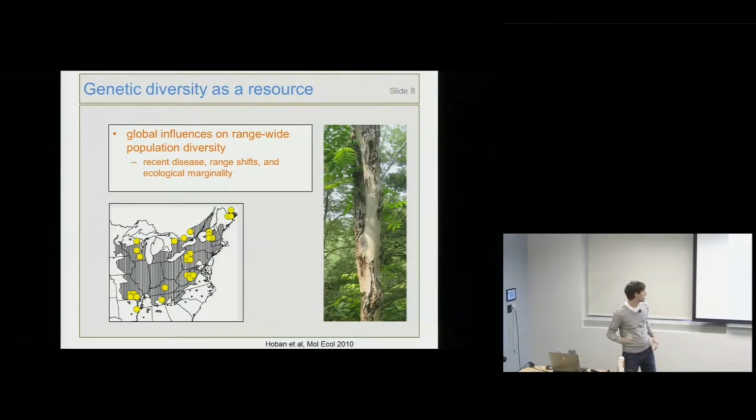And there are other ongoing processes, such as maybe the populations that persist on the margins might be smaller and more fragmented. So what I'm interested in broadly is what is the relative effect of these current and historical processes that might affect genetic diversity.